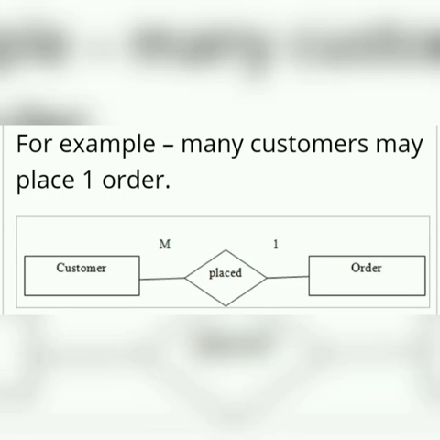Here customer is an entity and order is also an entity. Here many customers may place one order. That means many customers can buy with a single order. So that is here many to one relationship.